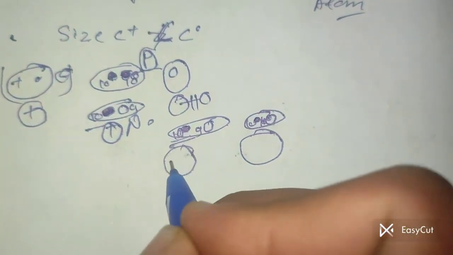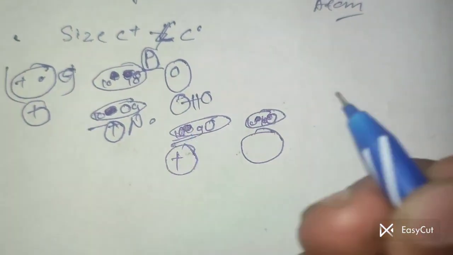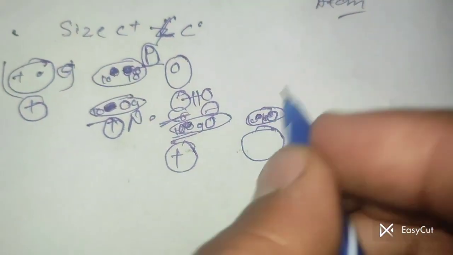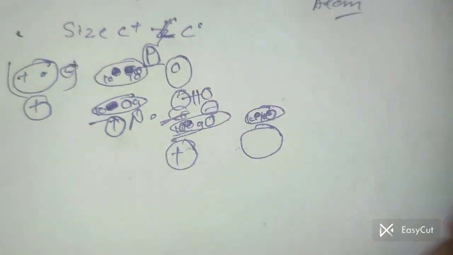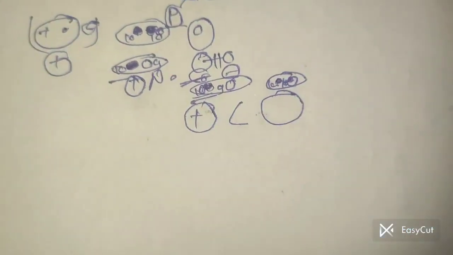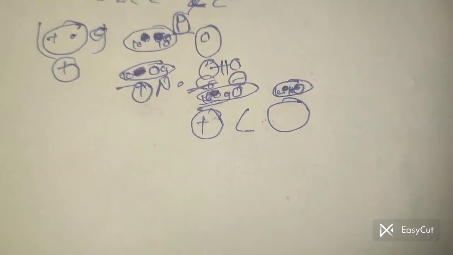In this case you are positively charged because you have more positive charge than negative charge, whereas the neutral atom has both the same. So the size of the cation is less than the size of the parent atom because it has lost an electron.